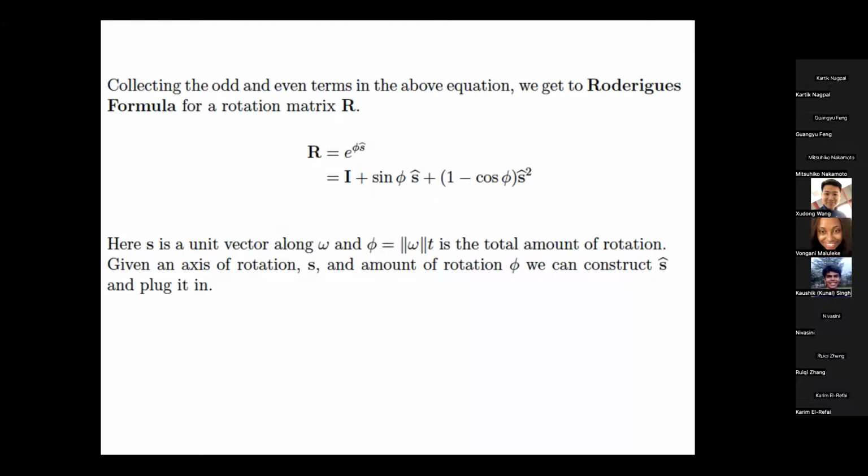The axis of rotation is captured by this S hat matrix. The amount of rotation is captured by phi, which is just your angular velocity in radians per second. If your velocity is 0.2 radians per second, and I run it for 5 seconds, what do I get? 1 radian worth of angle change. So this is rotation by 1 radian. Let me pause here to see if anyone has any questions.